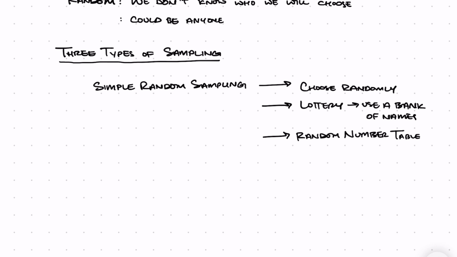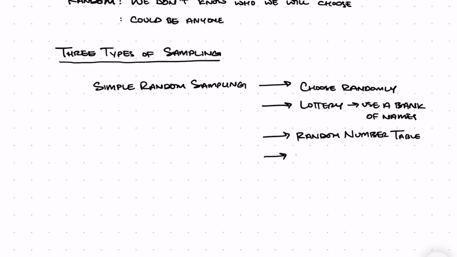Let's say you assign everyone in the school numbers 0 to 500, and then you choose random 3-digit numbers. So at some point you'll get the number 093, that's person number 93. You go through your list, choose that person, and keep circling numbers until you get the total that you need for your sample size.